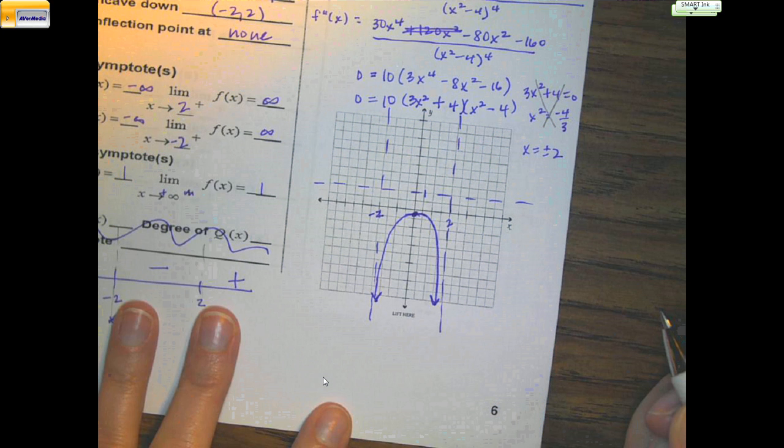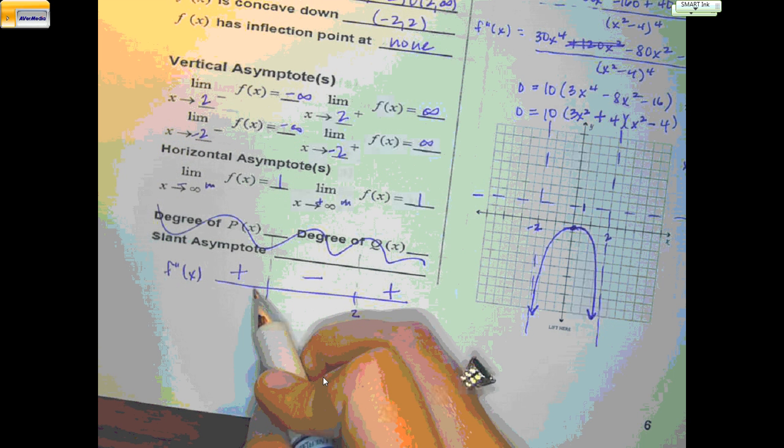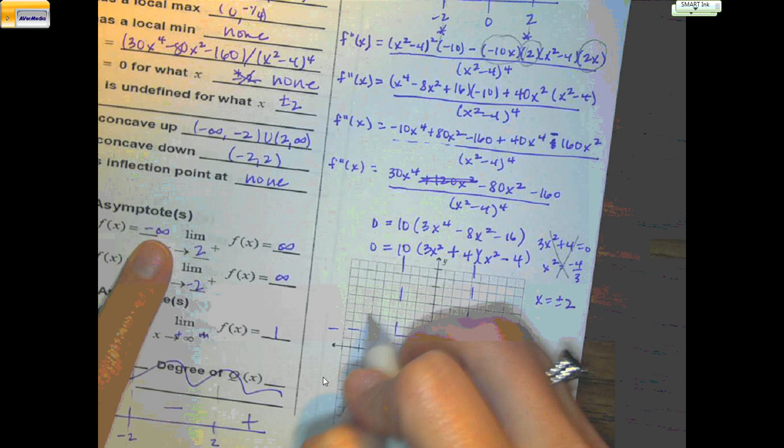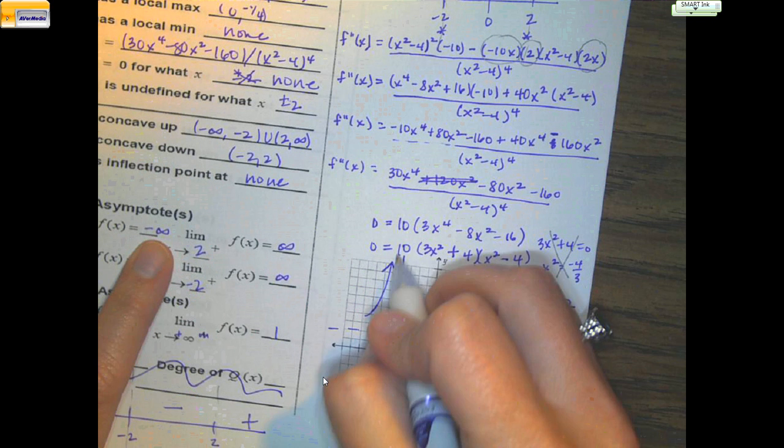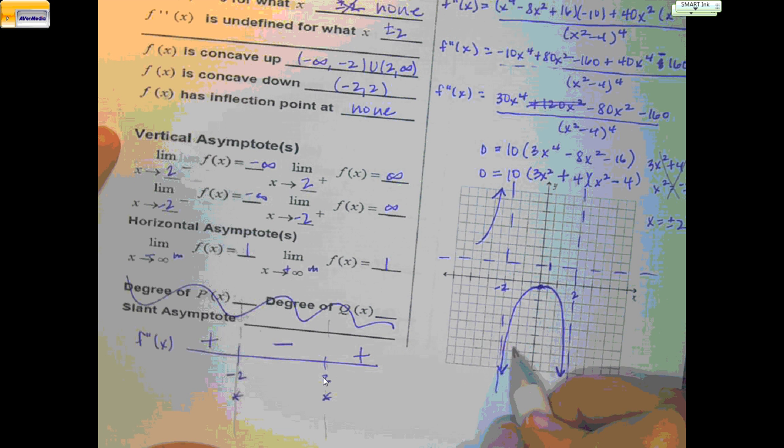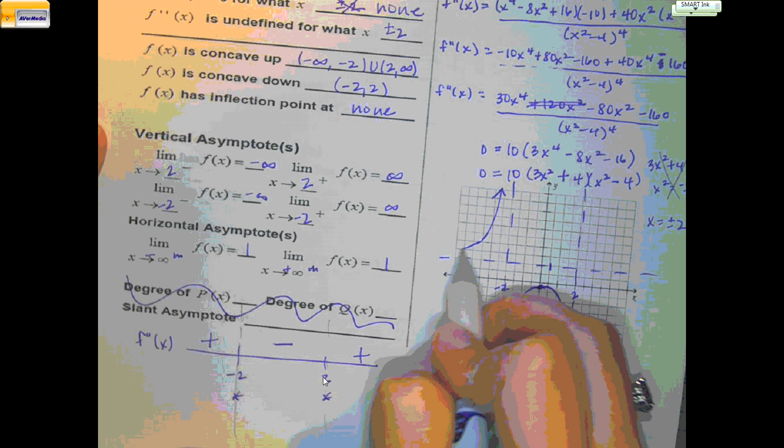To the left of -2, according to my little number lines, it's increasing and it's concave up. So increasing and concave up, I know that I'm headed to positive infinity as I approach -2. We found that out on our limits. And as we approach negative infinity, we're approaching 1.